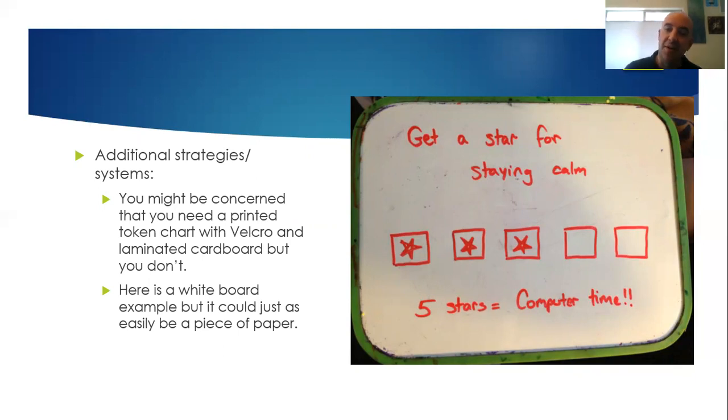Now, get a star for staying calm. I don't know, it's a little bit behaviorally not the best definition, but you might want to talk about what they can do rather than staying calm, which is a little wishy-washy sort of definition. It's hard to define that.